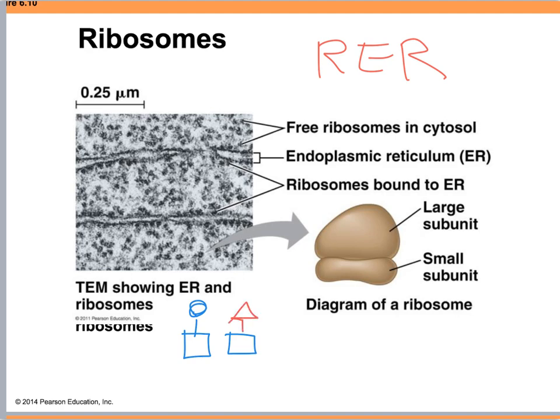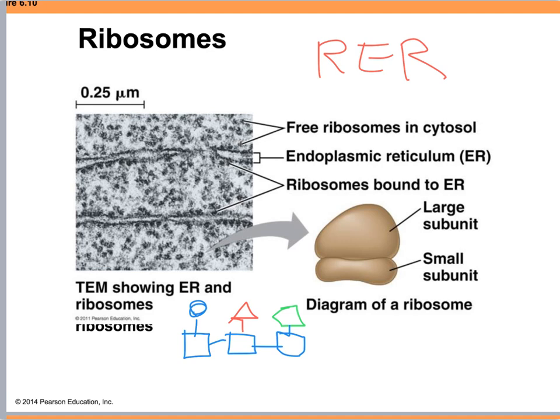Okay, here's another one. And we know all of those amino acids have to be linked together by something called peptide bonds. Remember, that's that condensation synthesis reaction to make a polymer. That polymer is a protein, and ribosomes are the machinery that get that job done. They're the ones that link those amino acids together to make proteins.